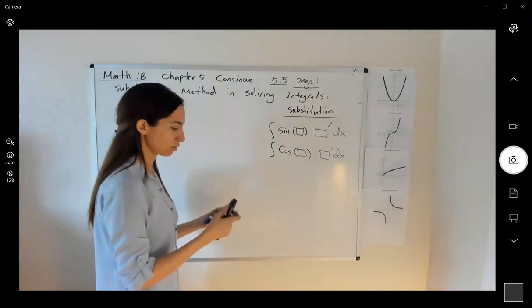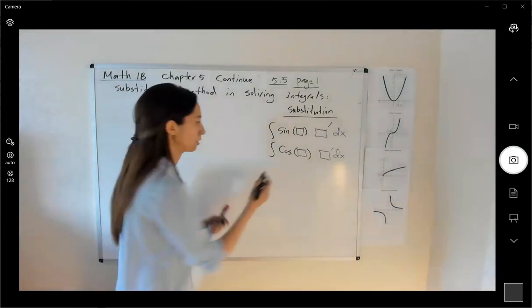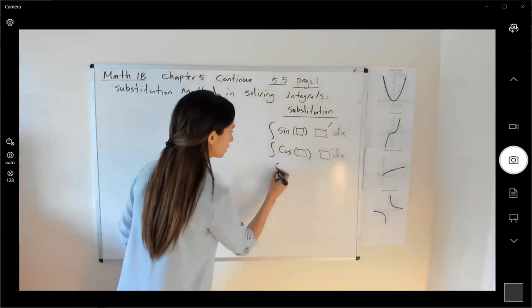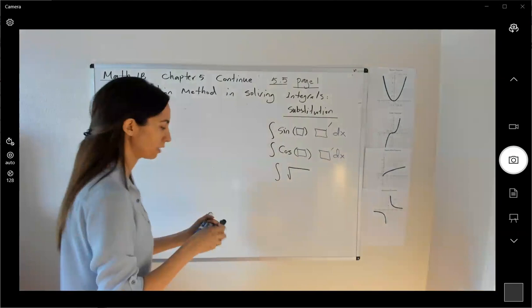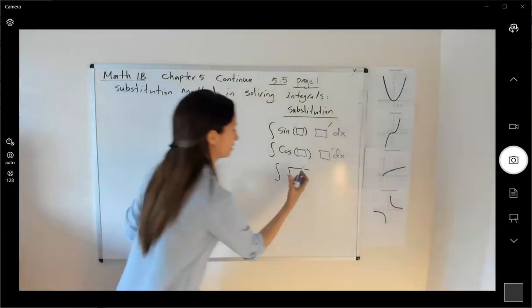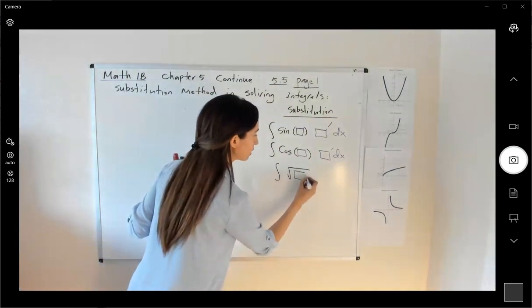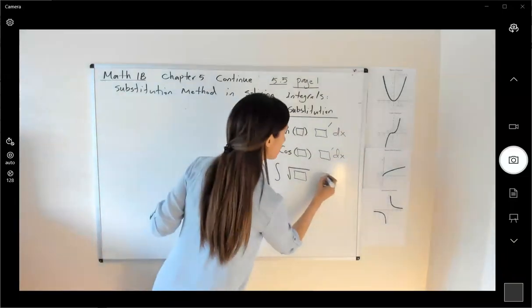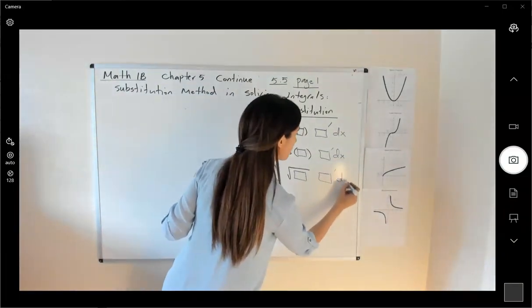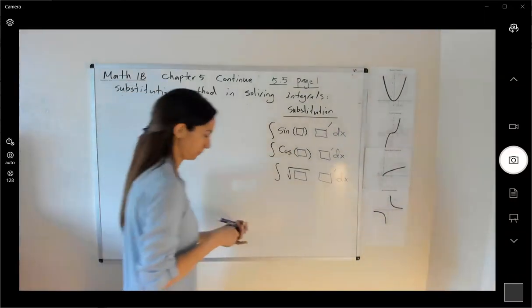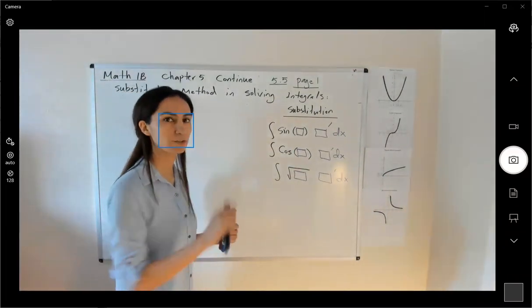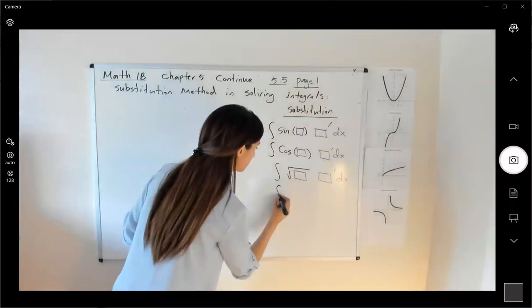If you have the integral of, for example, a radical, the integral of the radical of a box, the quantity inside your radical, you must have the derivative of the box next to it. If you have an exponential function, you have to look at the power, the exponent.